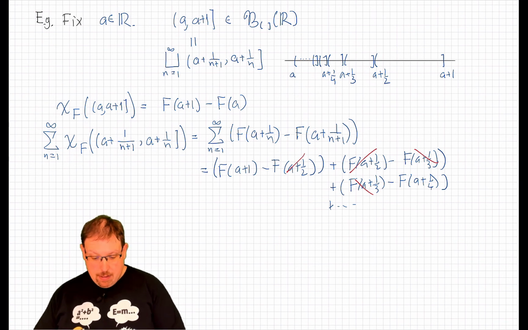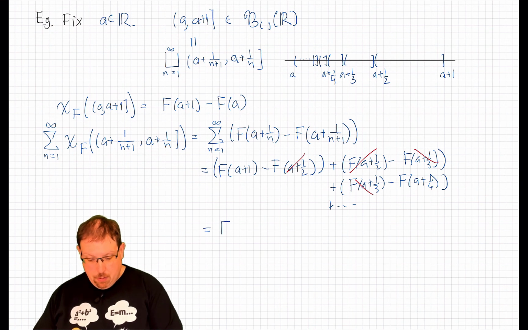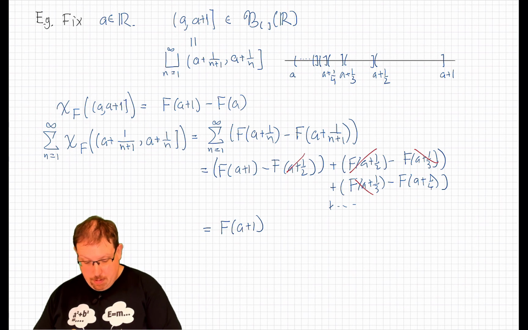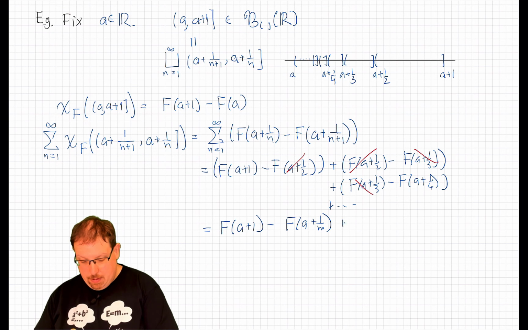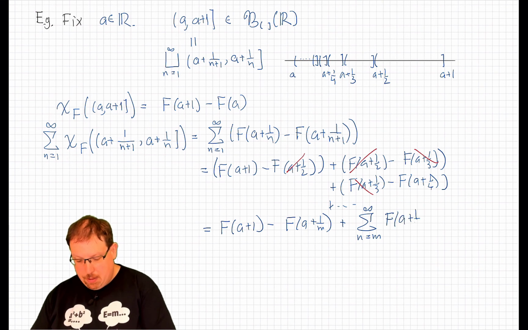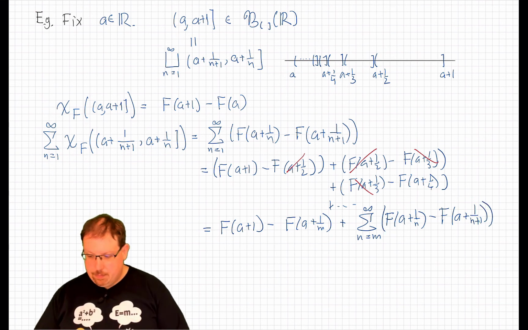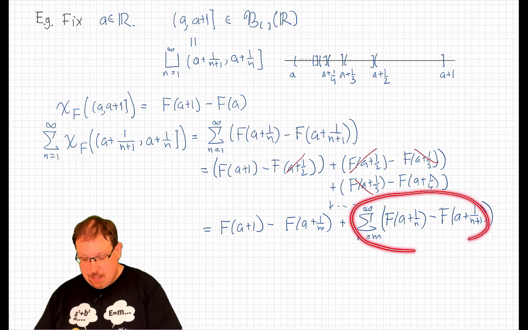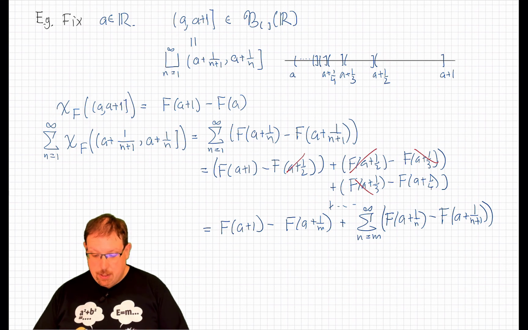If we do that, those internal cancellations will give us that this sum is equal to f at a plus 1 minus f at a plus 1 over m, plus the rest of the terms, n ranging from m up to infinity, of f at a plus 1 over n minus f at a plus 1 over n plus 1.